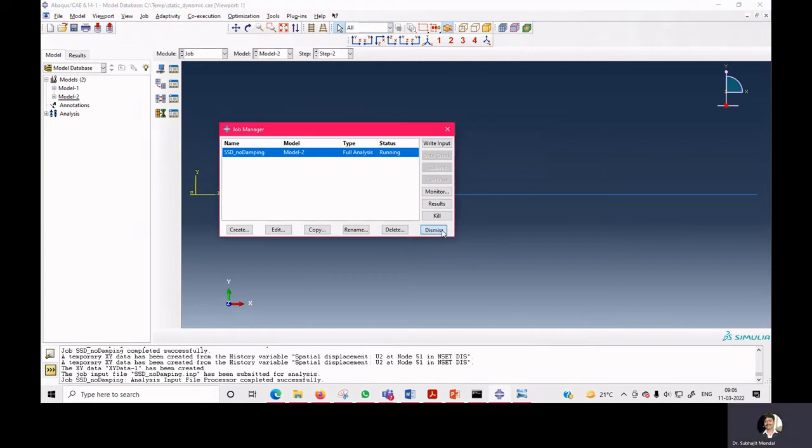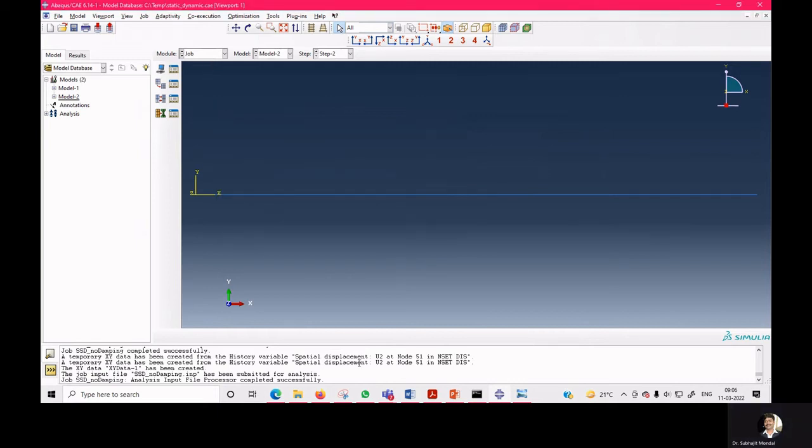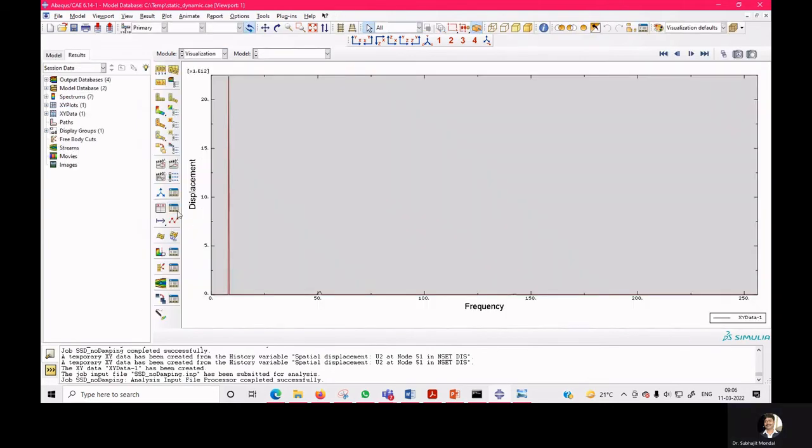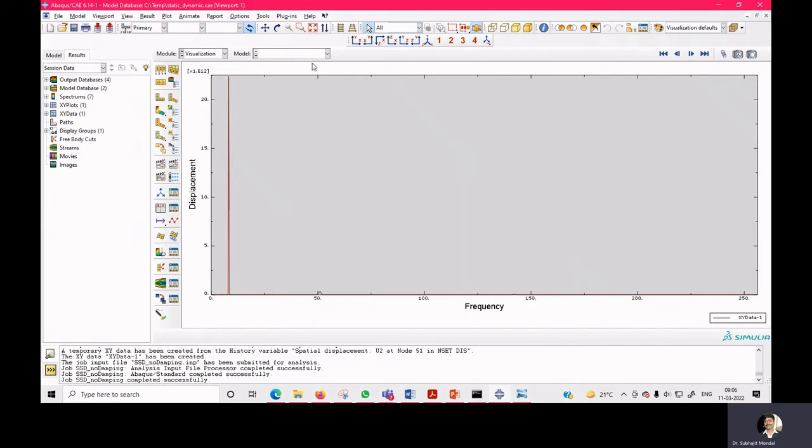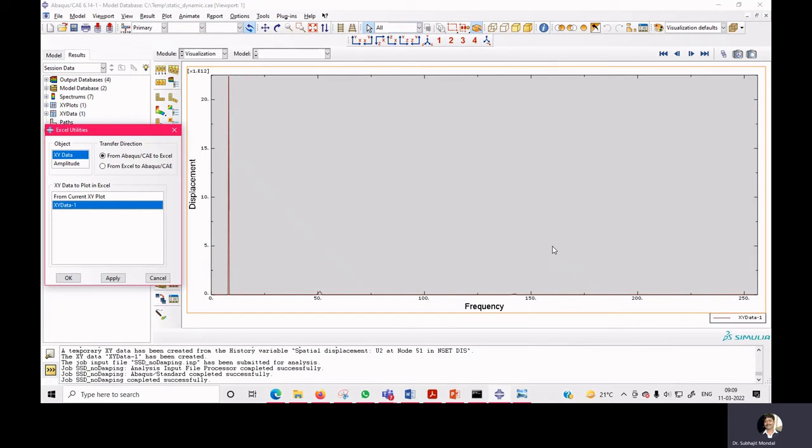So what we did here, you can see we have XY data, we have XY1 data. Here we are going to get the data as XY data or amplitude, since we already have plotted as amplitude.